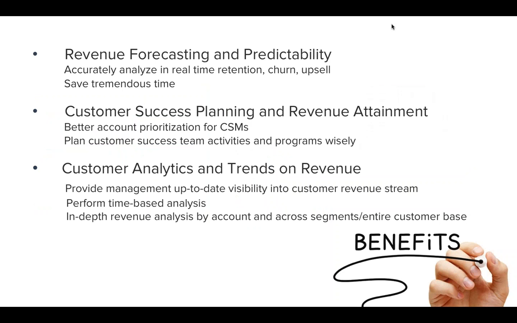It's about analyzing in real time what your performance in retention, churn, and upsell is until now. So, you know, no longer using those spreadsheets or very complicated reports from Salesforce, where everybody's exporting to another Excel sheet, and then your CFO wants it in another view. You should be getting all of this from our Revenue Center as well.